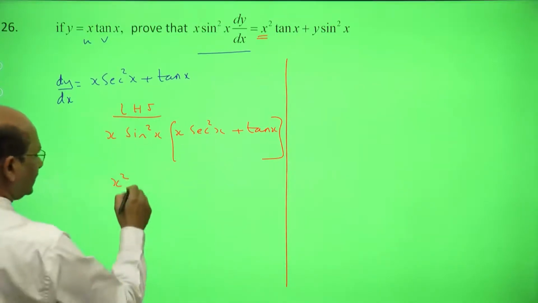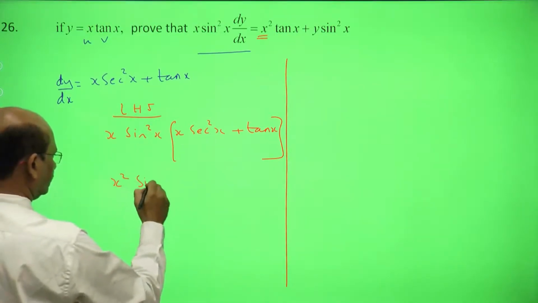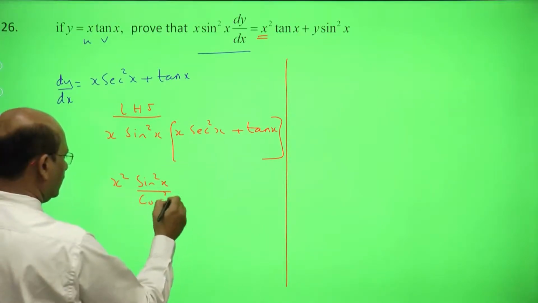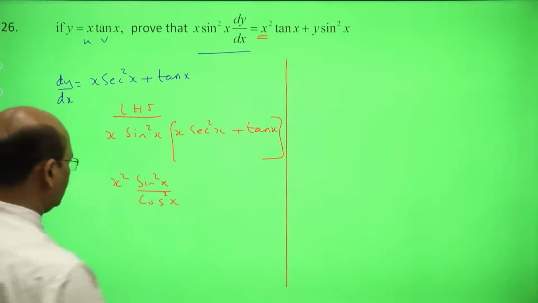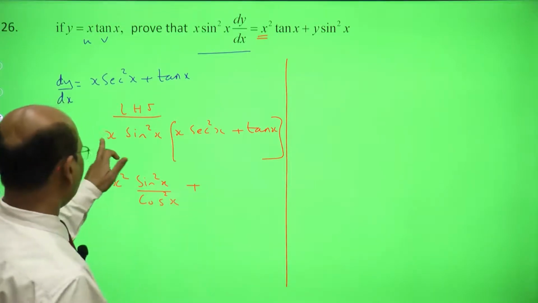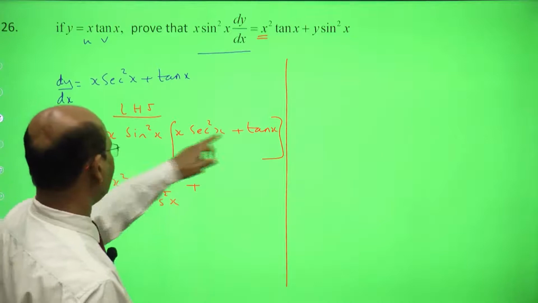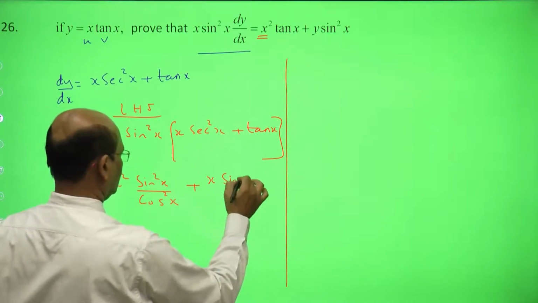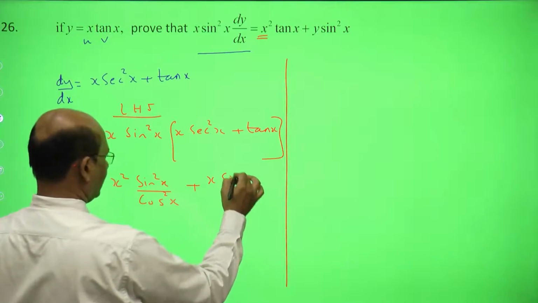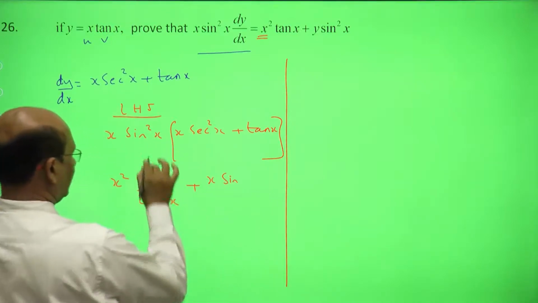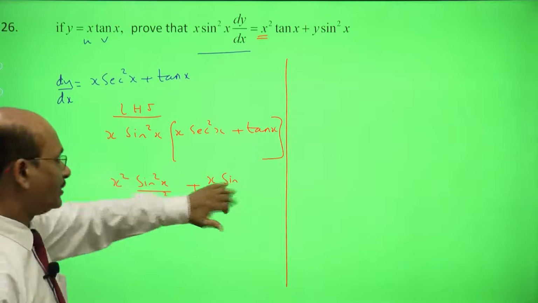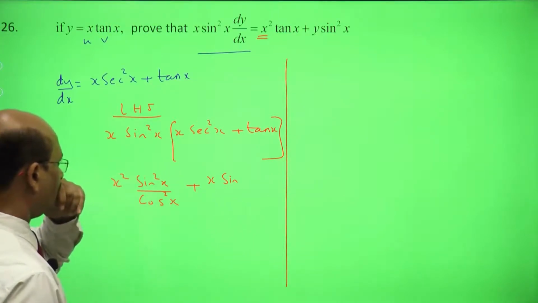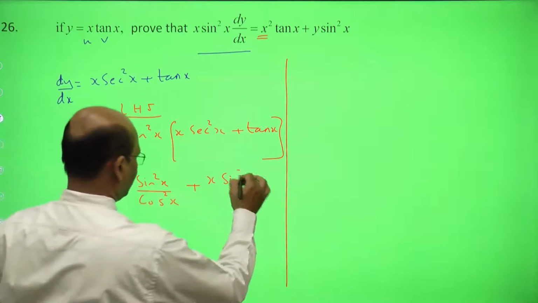Now, sec square x is nothing but 1 upon cos square x, plus this will become x sin square x into sin x upon cos x, right? Okay, I just keep it as it is.